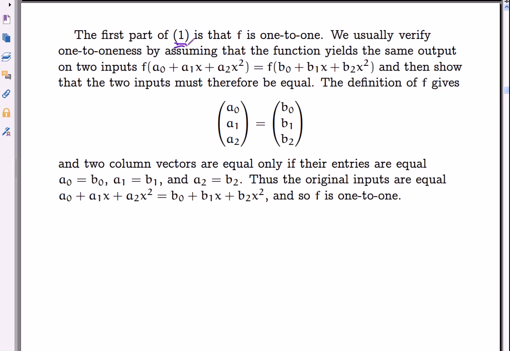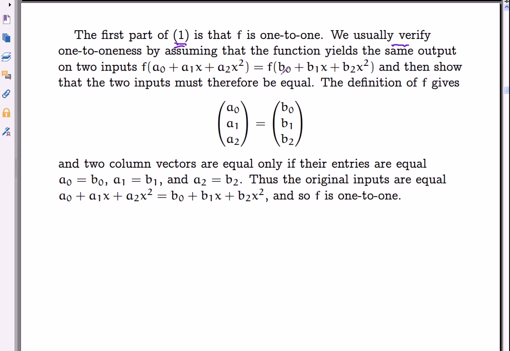All right, the first part of proving that F is a bijection is we have to prove that F is one-to-one. We usually verify this property by assuming that the function yields the same output on two different inputs, and then show that the two inputs must be equal. That's a standard way of showing that a function is one-to-one.